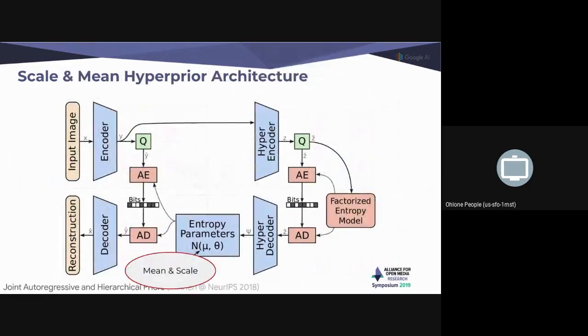Now, as I said, you are assuming a 0 mean throughout this entire time. There is no reason we should assume a 0 mean. In fact, we know that the codes coming out of the encoder are not centered around 0 for every channel. So it makes sense to also predict the scale when we have this entropy model.